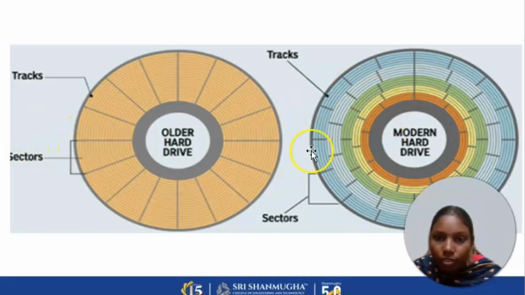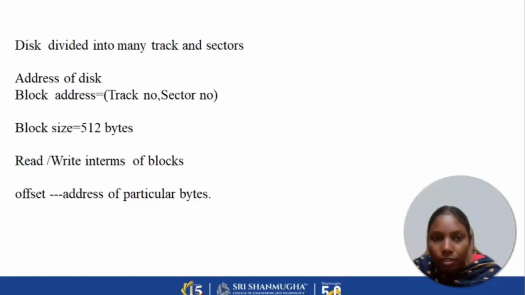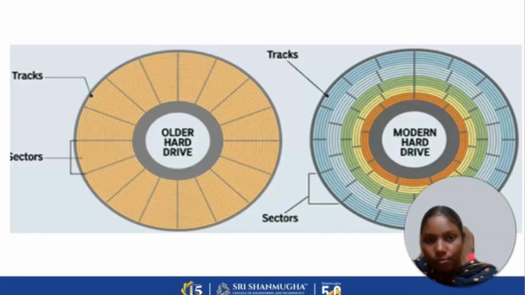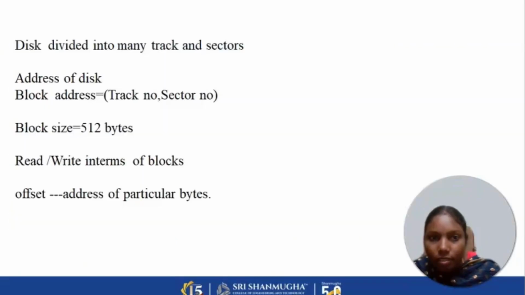Modern disks are developed and upgraded versions that are now available. So how is it used, and how can the address be calculated? The disk is divided into many tracks and sectors. In the previous image we discussed that the disk is divided into two main things, the tracks and sectors.